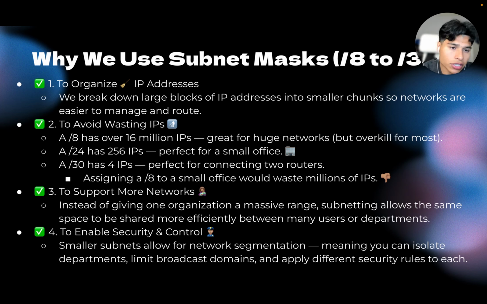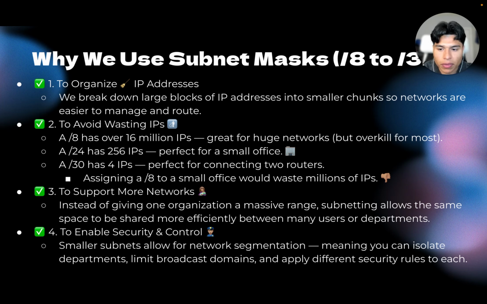And /8 has over 16 million IPs. It's great for huge networks, but it's overkill for most. /24 has 256 IPs. That's perfect for a small office. And then a /30 has 4 IPs, perfect for connecting 2 routers, right? Assigning a /8 to a small office would just waste millions of IPs. That would be way too much for a small office.